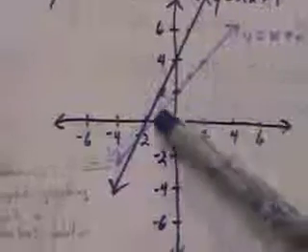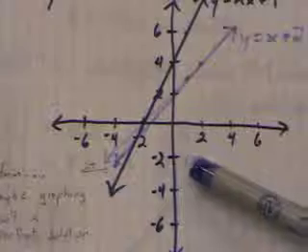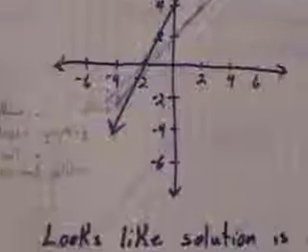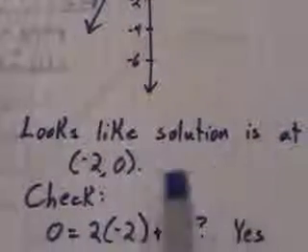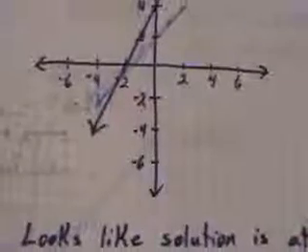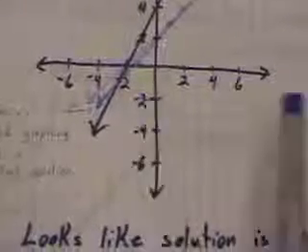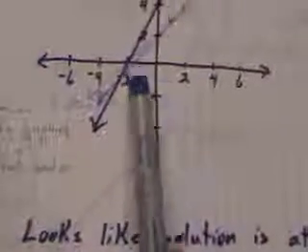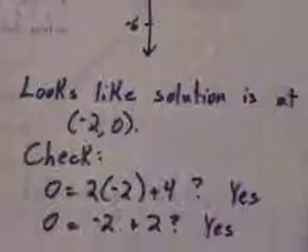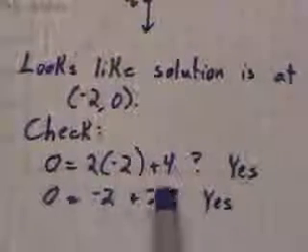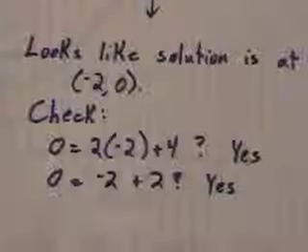You'll notice I had to redraw my line a little more carefully. So it looks like the solution is at negative 2, 0. But as you can tell, I'm kind of guessing, so you're going to have to check it. Fortunately, lucky for me, that worked out.